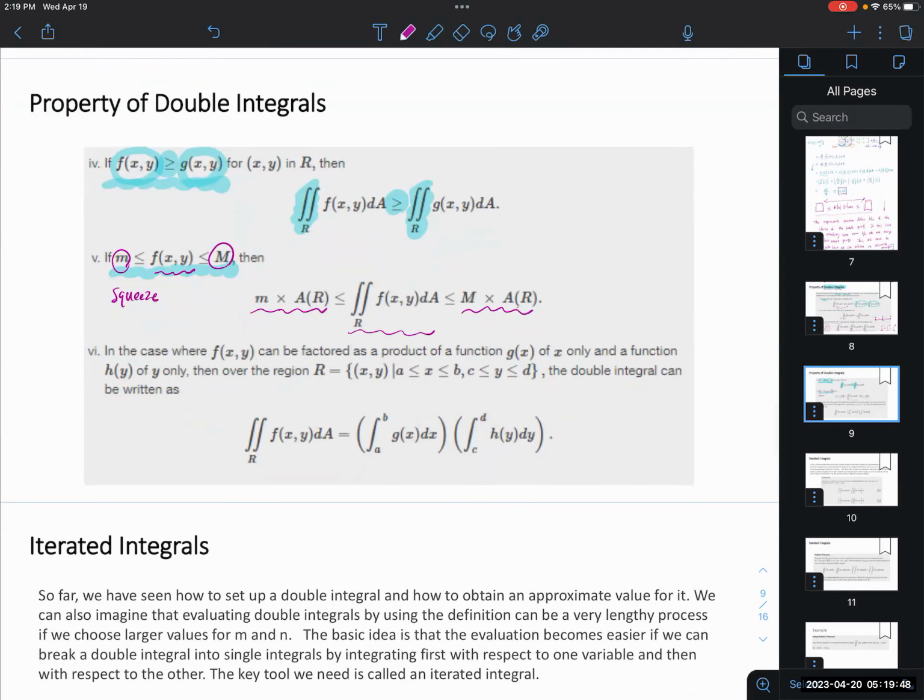The last one, it's very important, okay? So in a double integral, you have, let's say, a function f of x and y, and you can factor it as a product of functions. So what I'm saying is, let's say this is a 6. This one can be 2, this one can be 3, because a 2 times a 3 is going to be 6.